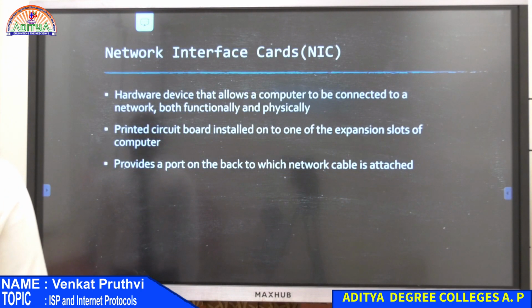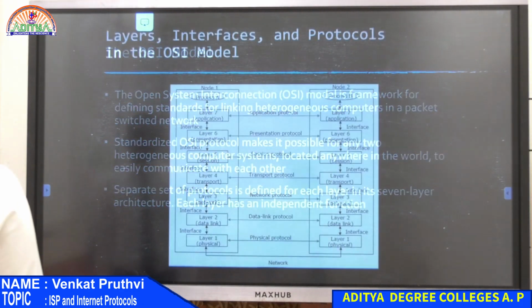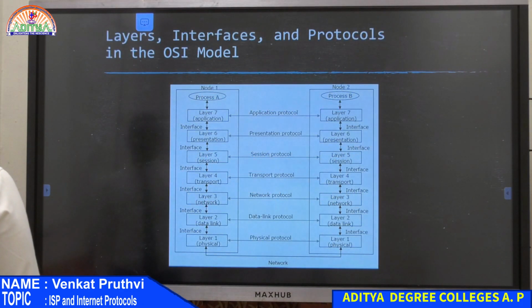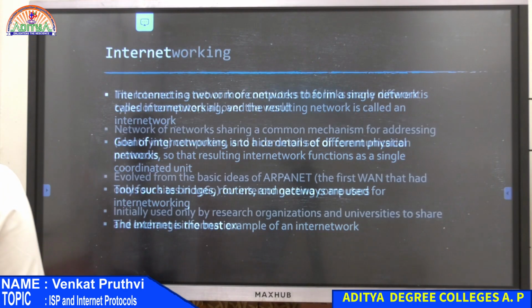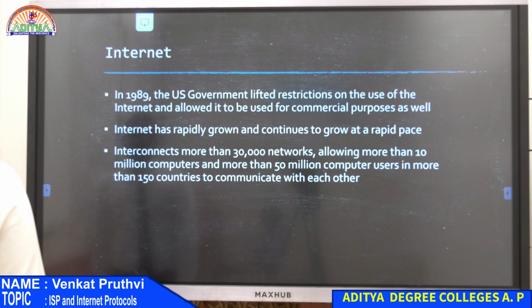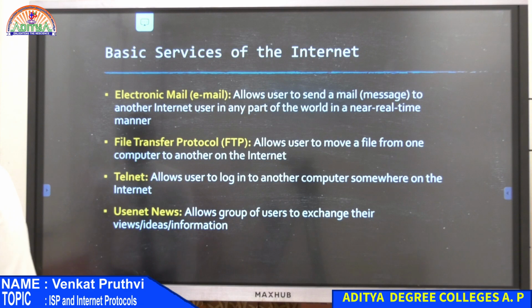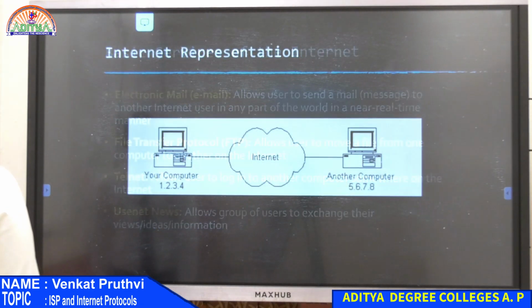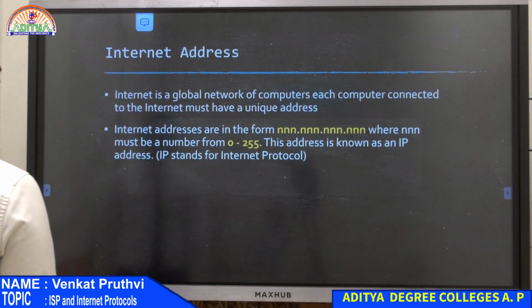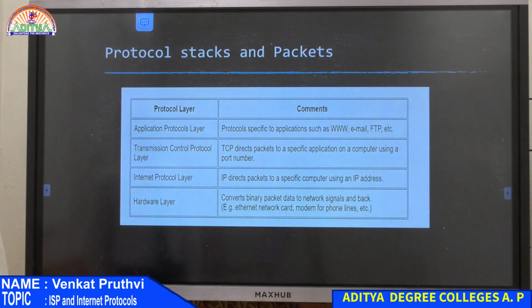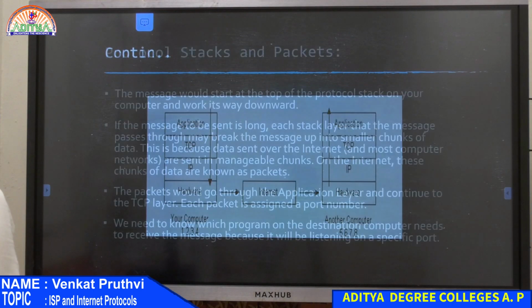And after that, we spoke about network interface cards, the OSI model, what the different layers in the OSI model are, and what internetworking and the internet are, when it all started, and what the basic services of the internet are. We then saw how the internet is connected with IP addresses, and what we mean by the TCP protocol and the internet protocol layers.